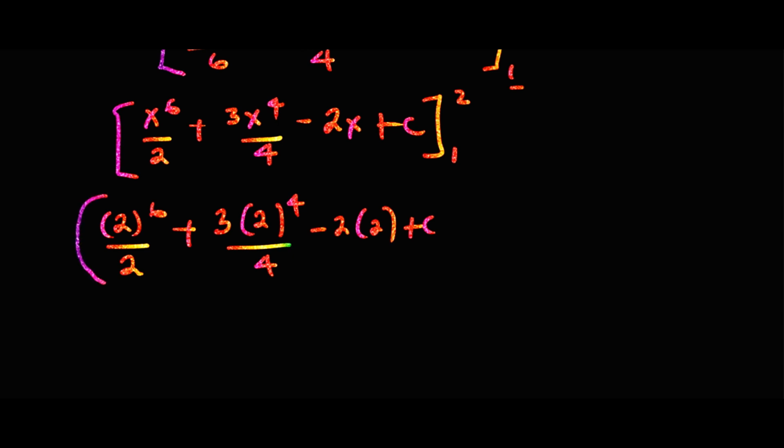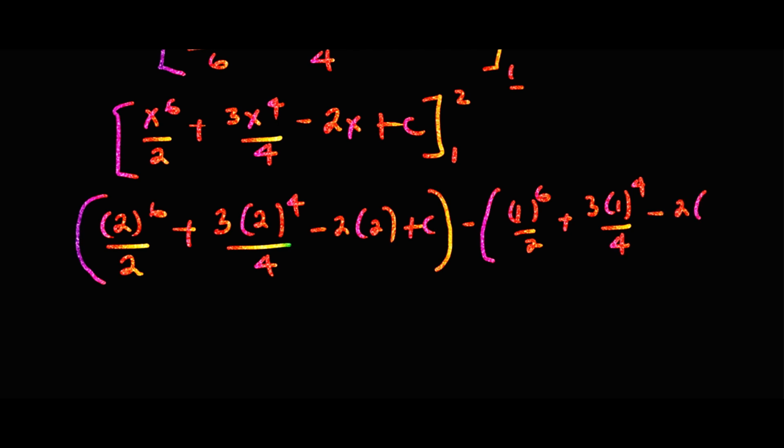So we want to subtract when x is 1. So we want to have 1^6 over 2 plus 3 into 1^4 over 4 minus 2 into 1, now plus c.